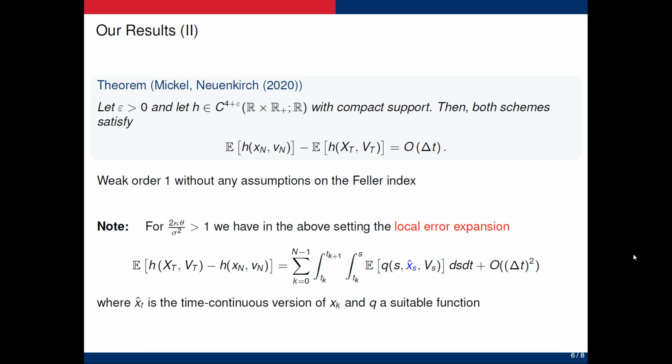If we require a Feller index larger than 1, then we can perform such an error expansion as it is stated here. And here we have a couple of terms of order 2, and this expression where x hat is the time continuous version of x_k and q is some suitable function.